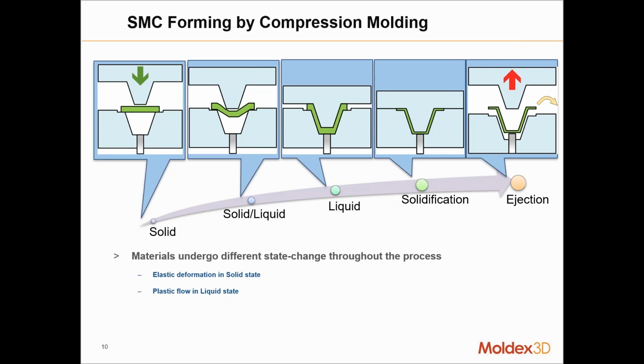Place it in the mold, and if it's pliable to drape, then the material will start to drape in the solid state, and with the heat and the compression, it would start to turn from solid to a liquid phase. During the liquid phase, it's compressed to create a final shape, and then solidifies to your final part, and then it's ejected.